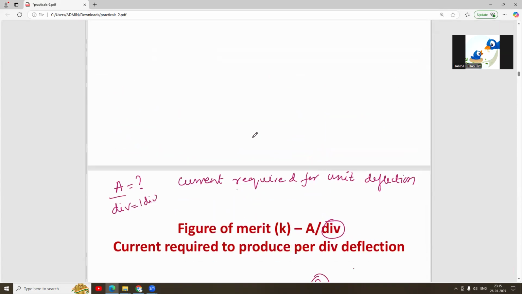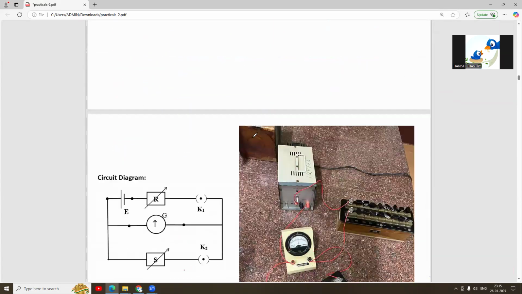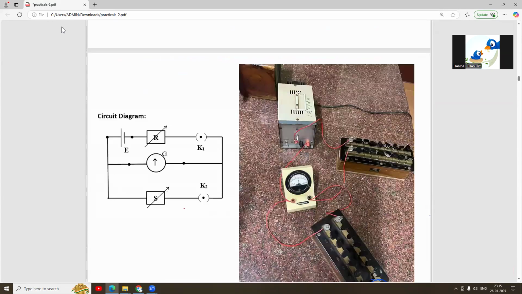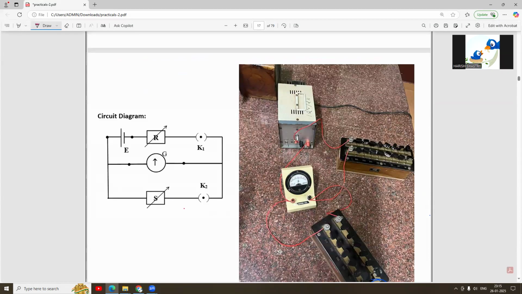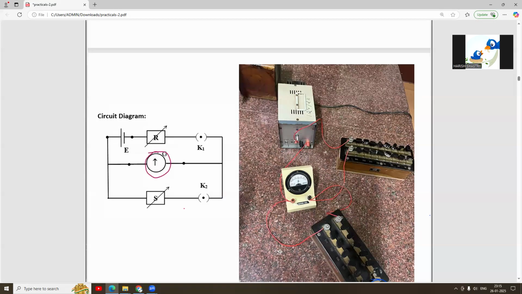Of course, you have a circuit for it, and it's very easy actually. So you should connect a galvanometer with two resistance boxes. One resistance box is in series with the battery, and another resistance box comes directly in parallel with the galvanometer.